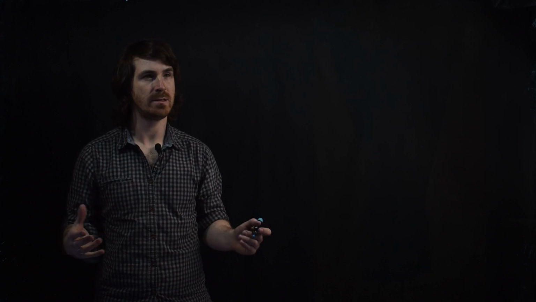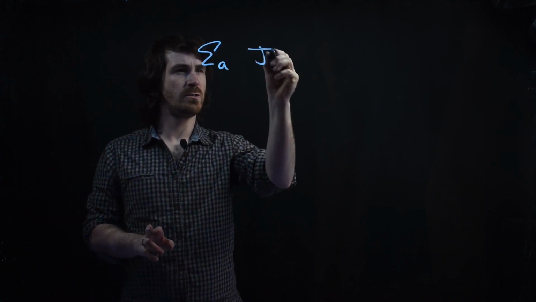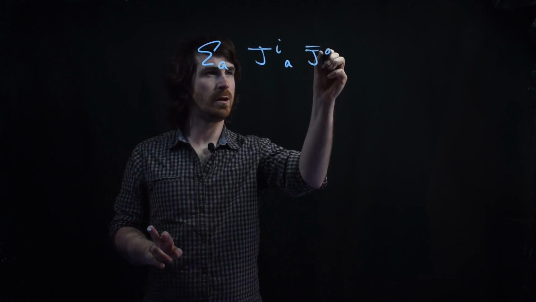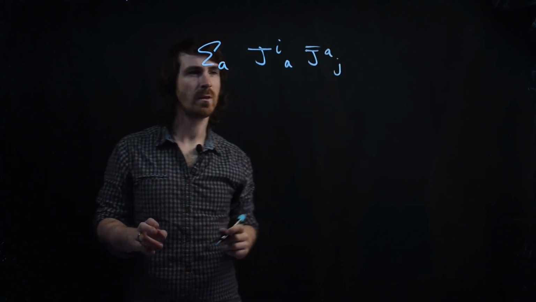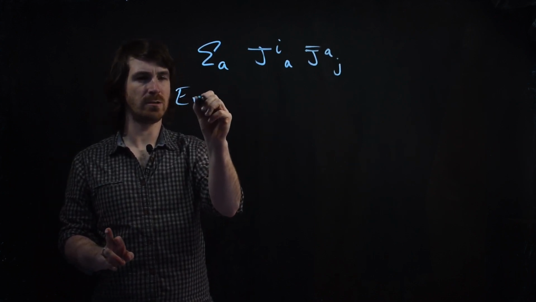So we're going to have indices all over the place, so we want to make life easy for ourselves. If we consider, for example, what we just saw before, where we had a sum over a of J i a, J bar a j, then we can use what is known as Einstein summation notation.